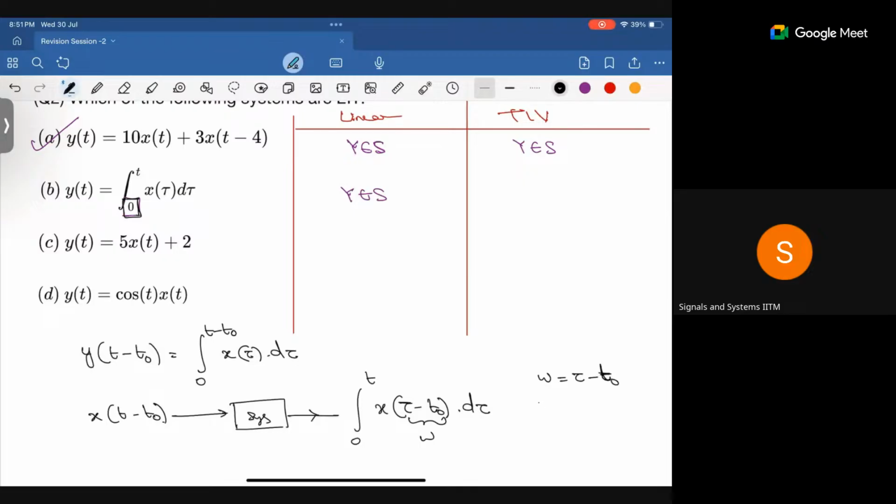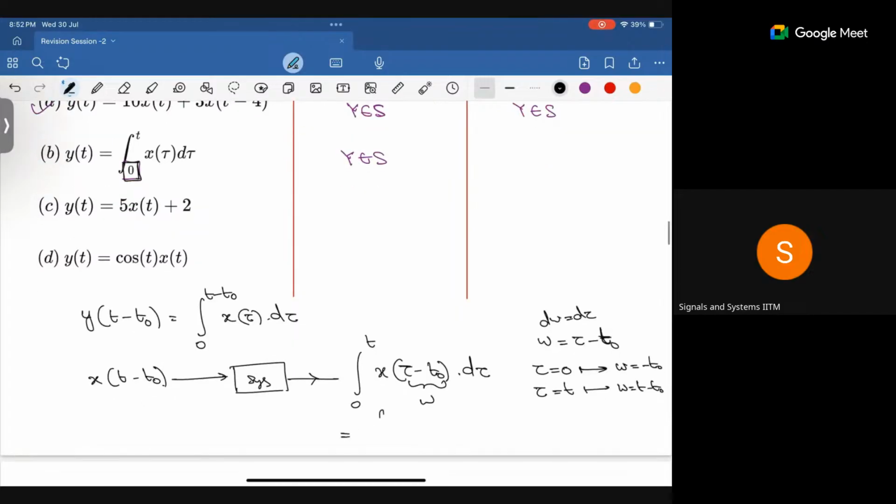Then when tau is 0, my omega will be minus t naught. When tau is t, my omega will be t minus t naught. So there is a change of variable here, and d omega will be d tau.